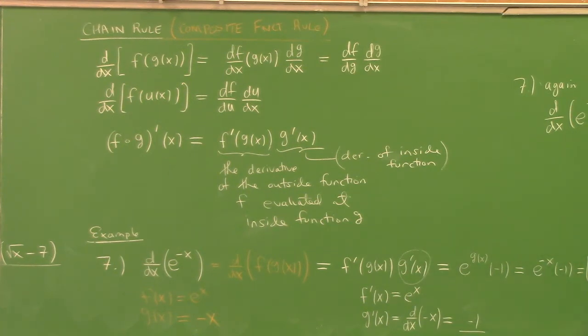The chain rule says you do the derivative of the outside function, which here is just e to the x. But e to the u is the derivative of the outside function evaluated at u, times du dx. But du dx is minus 1. Right? But then what is u? Well, u is minus x.